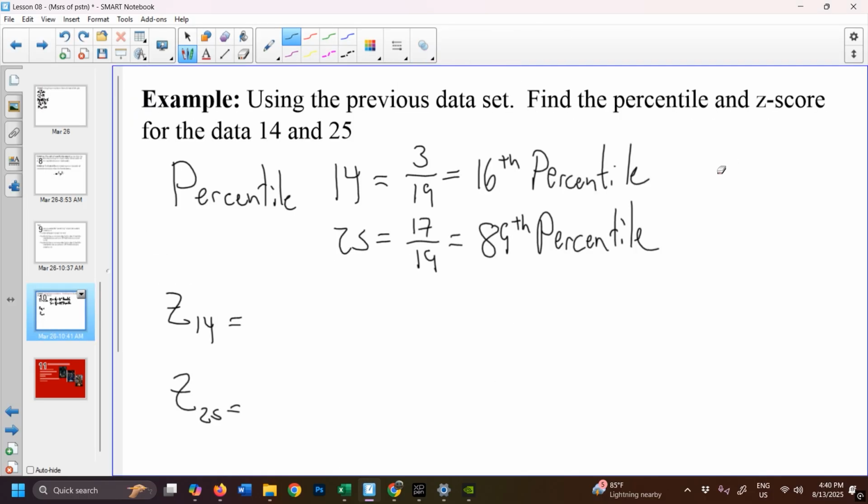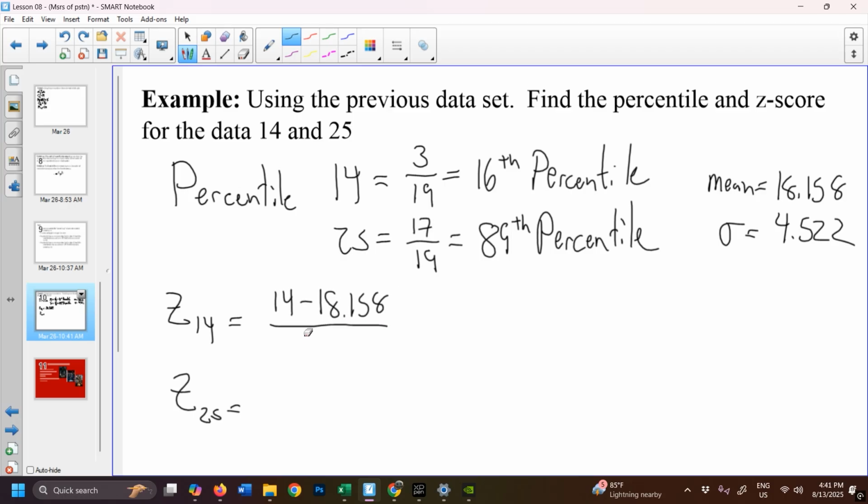Here my mean was 18.158 and my standard deviation was 4.522. So my z-score for 14 will be 14 minus the mean, which is 18.158, all over the standard deviation, which was 4.522.